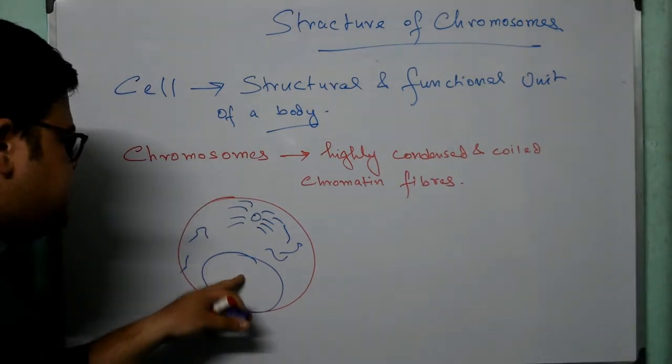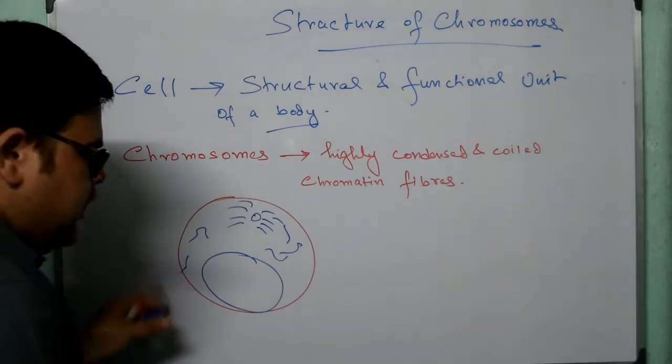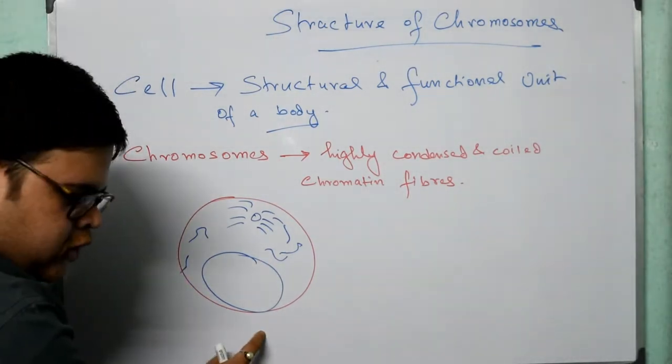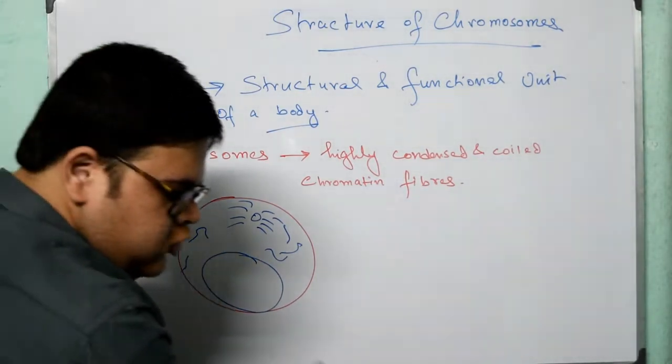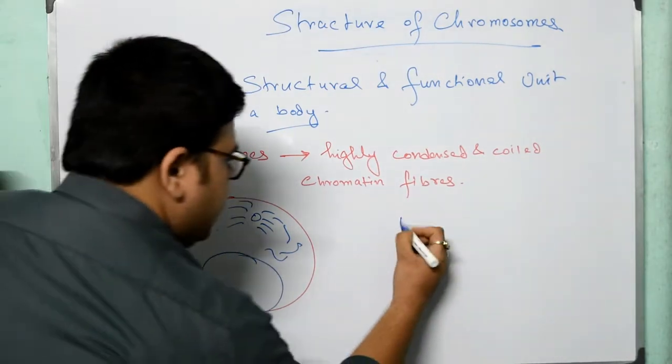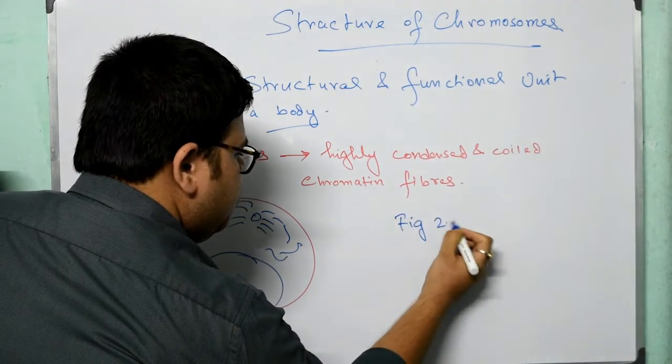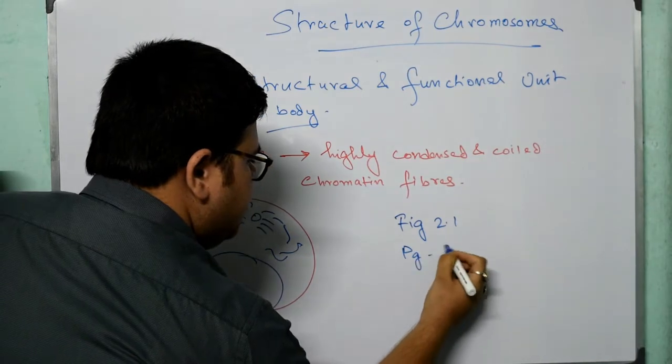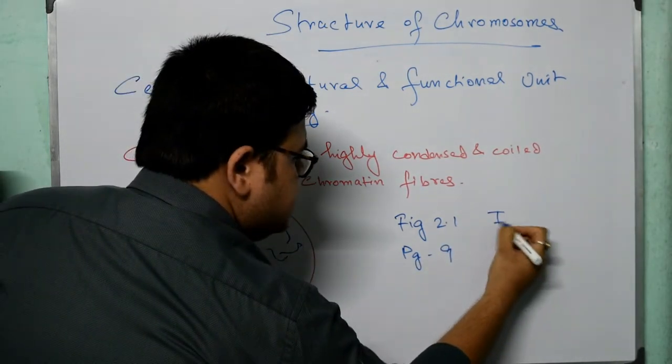This nucleus is present inside the whole cell. For this particular diagram, you can refer to figure 2.1 on page number 9. I am writing here figure 2.1, page number 9, of ICSE Concise Biology class 10.